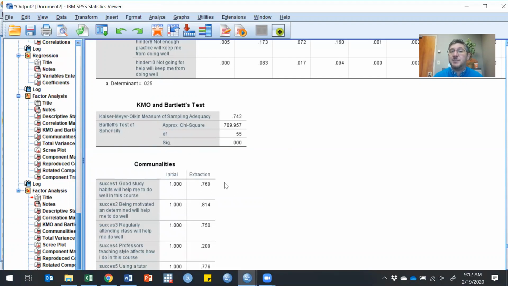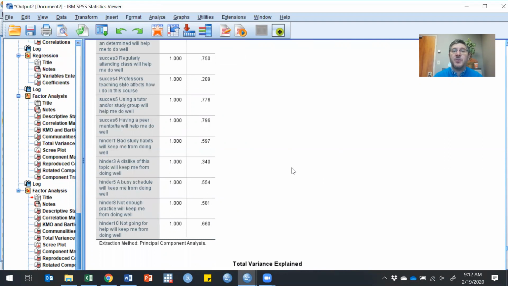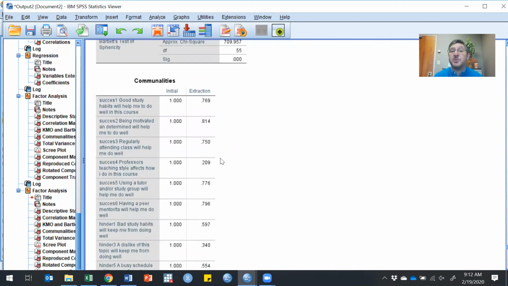Your communalities may change slightly too, but they're all pretty strong. Success 4 is actually kind of low here. So only around 20% of the variation in success 4 is being explained by the extracted components.